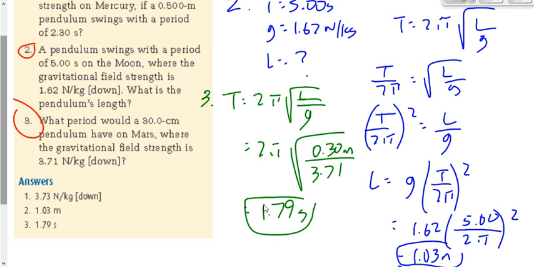Now, how could we throw a little twist in this to make it just a little bit harder? What if question 3 didn't say what period would this pendulum have? What if question 3 said what frequency would the 30 centimeter pendulum have? What would you do? We haven't learned an equation for the frequency of a pendulum, have we, or have we?